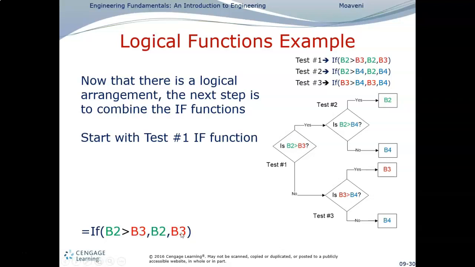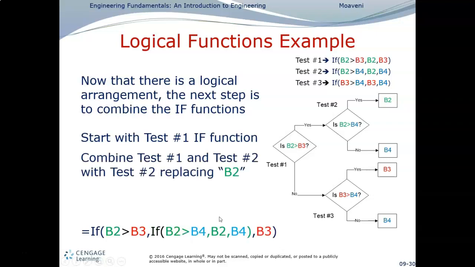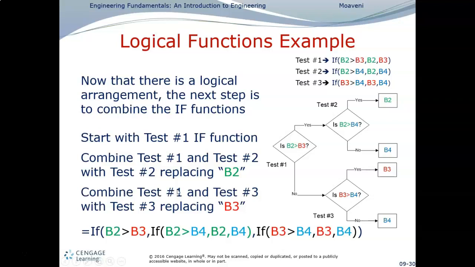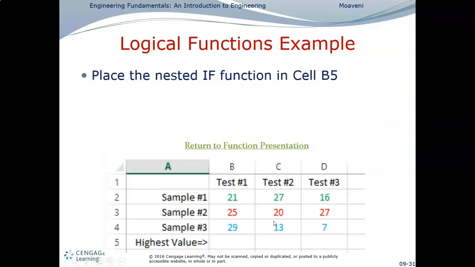True answers B2, false answers B3, and we will combine test 1 and test 2, replacing B2, and there we've put the test number 2, if B2 greater than B4, B2 is the yes and B4, and then the next one is combine test 1 and test 3 with test 3 replacing B3. Here's the test 1, so we've replaced B2, we've replaced B3. Now we have a combined if function.